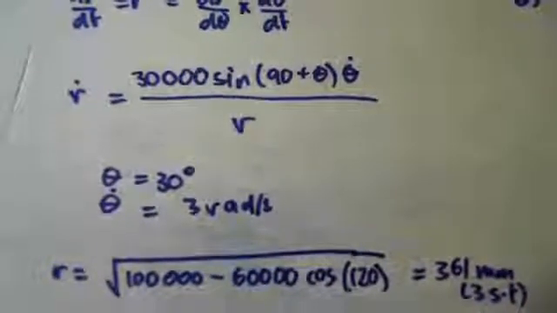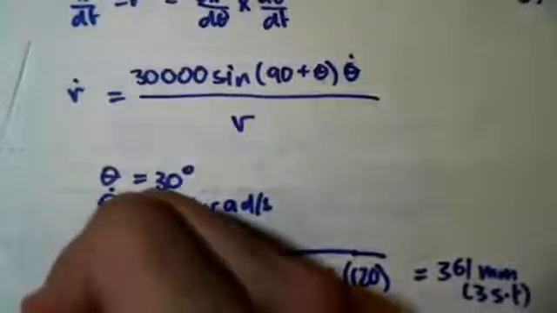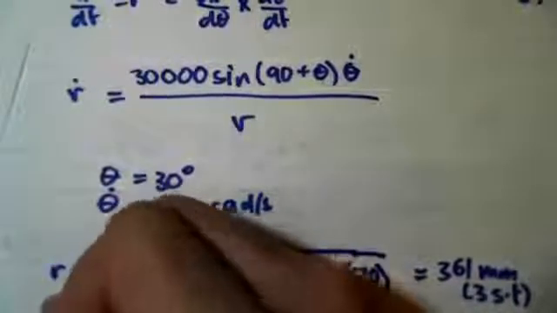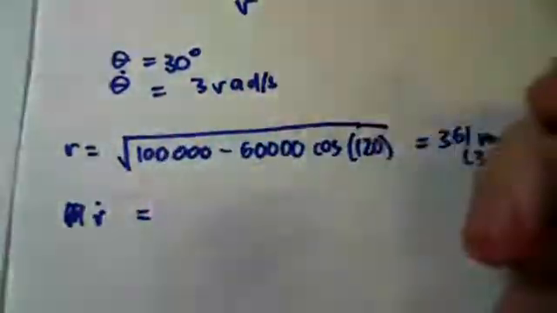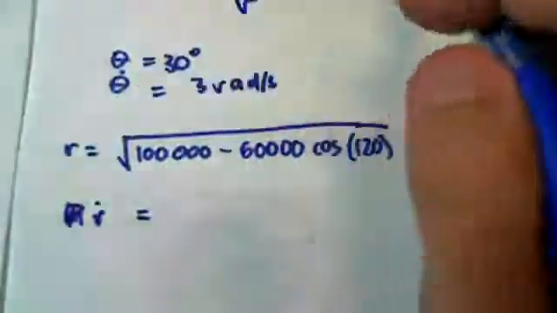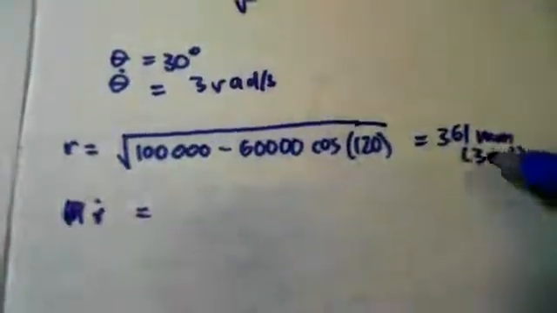Our time rate of change, r dot, is equal to, now it's convenient that we expressed our last term in terms of r, because we can substitute this value straight in.